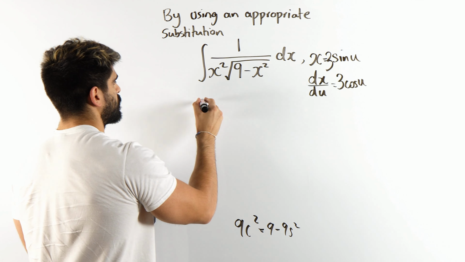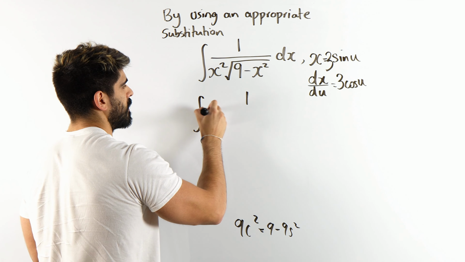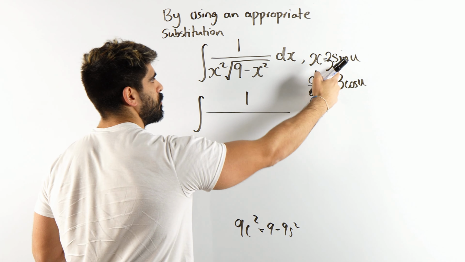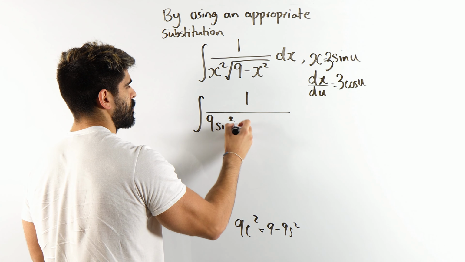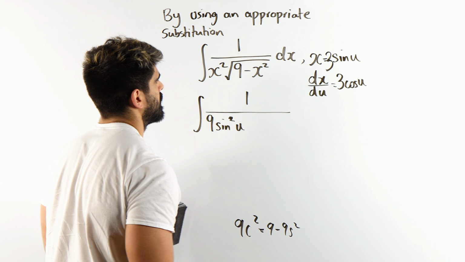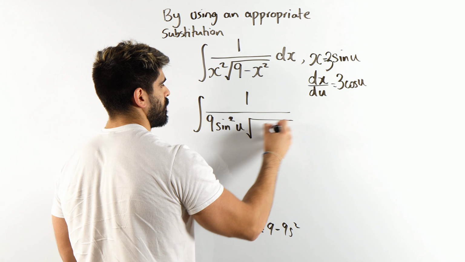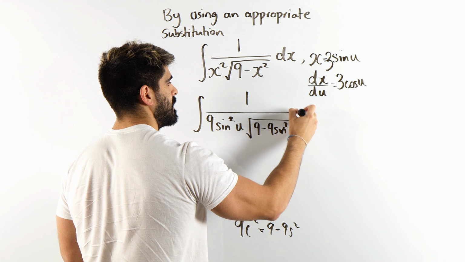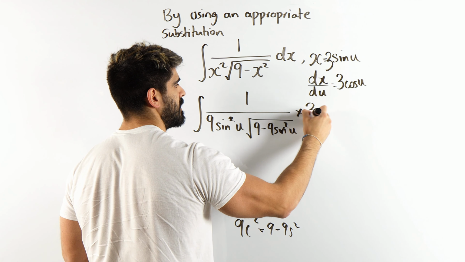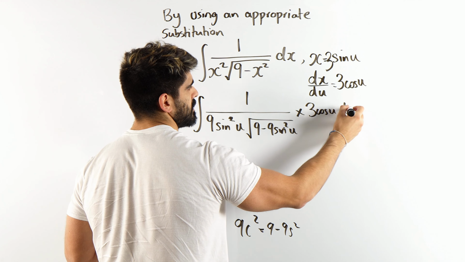We get the integral of 1 over x squared. When you square that, you get 9 sine squared u. Then we get the root of 9 minus 9 sine squared u times 3 cos u du.